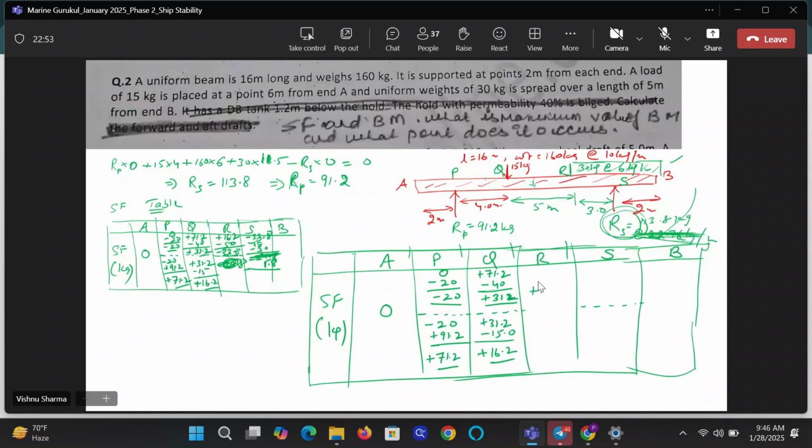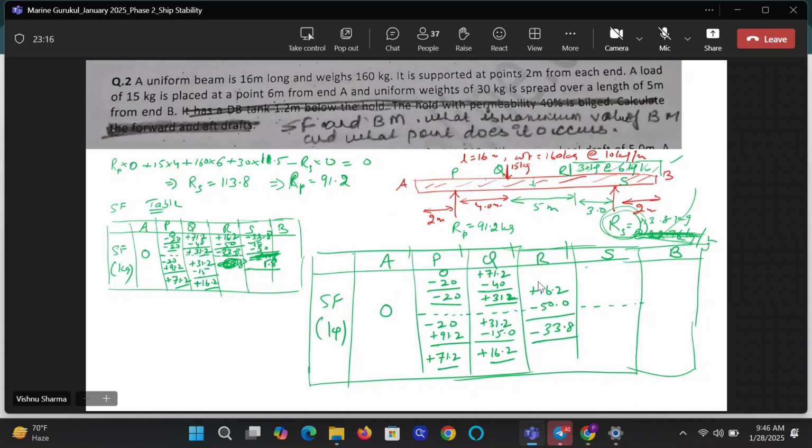I carry forward plus 16.2 just to the right of Q, and up to R, you have 5 meters of weight of the beam, and this becomes 8.3. Am I right, guys? Up to this place, the addition and subtraction is right. Addition and subtraction is good, sir.